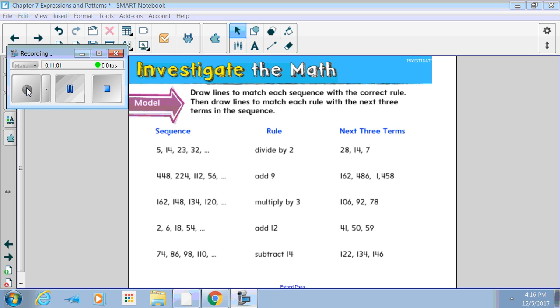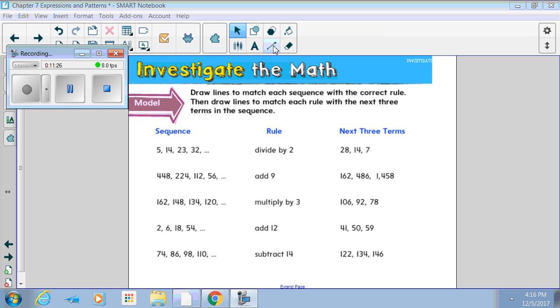We're actually going to skip this one. Paper passer will pass this out towards the end of the lesson, and this will be your exit slip. I am going to grade these. So just to kind of go over it, you're going to draw lines to match each of the sequences to the correct rule, and then from that, connect it to the correct next 3 terms. So I should see a line from here to here, and then a line from here to here.